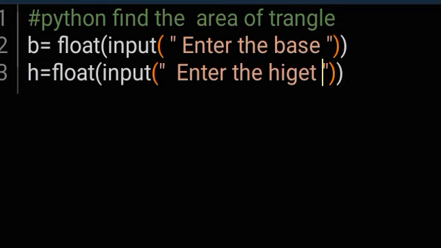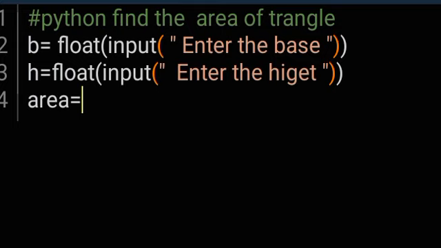So after entering the height, you now enter the expression that defines the area. So let area be part of the variable, which we are assigning half base times height.